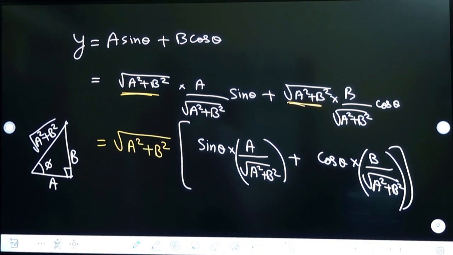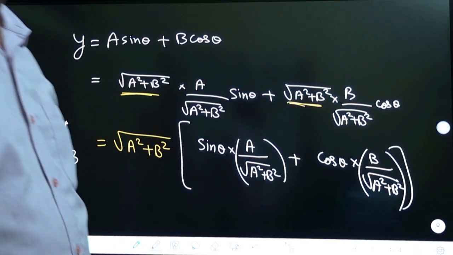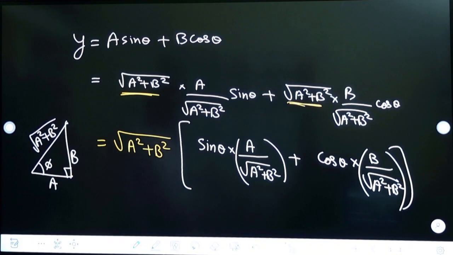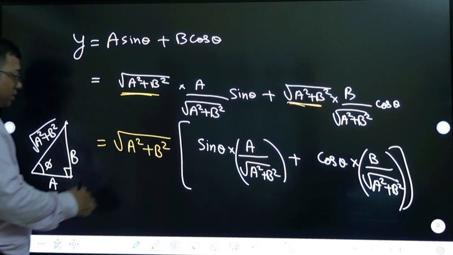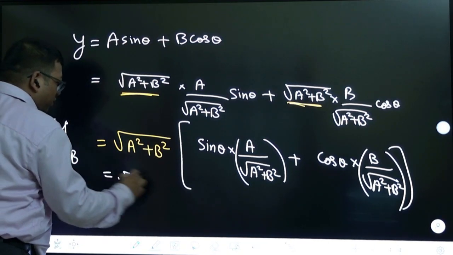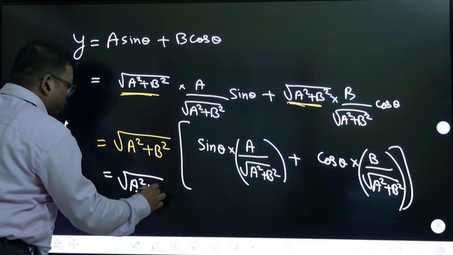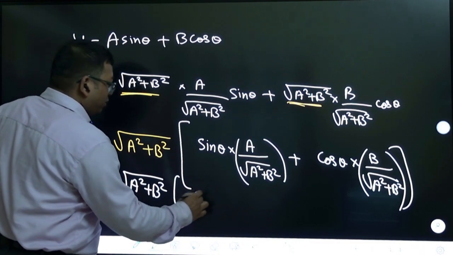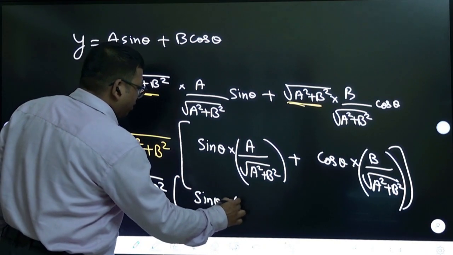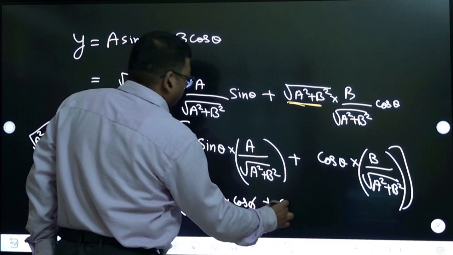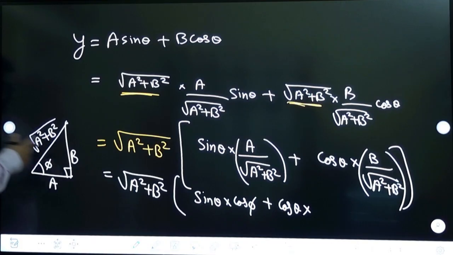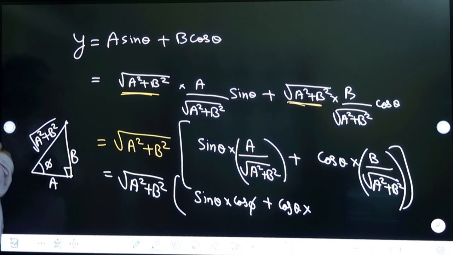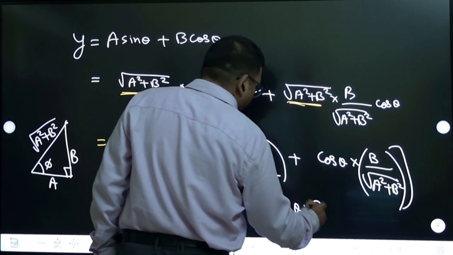Sin phi or cos phi, what is it? Cos phi. Okay, so let us write that. So root under A square plus B square sin theta cos phi plus cos theta, B divided by this, what is it? B by hypotenuse, sin phi, correct, sin phi.